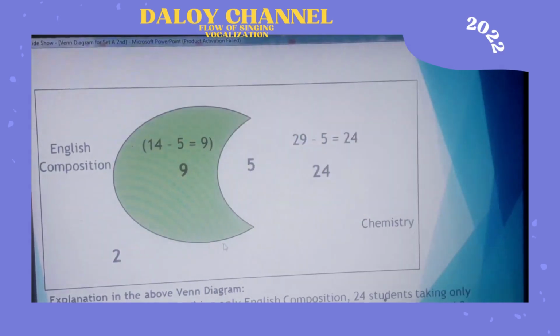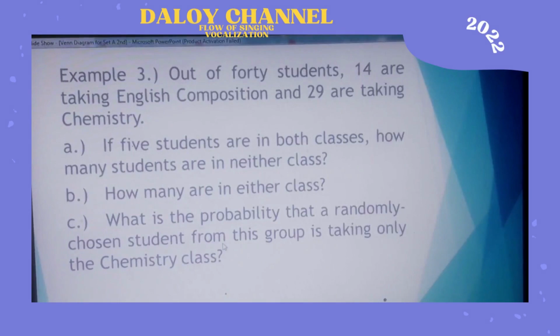And the letter C question: what is the probability that a randomly chosen student from this group is taking up only the chemistry class?